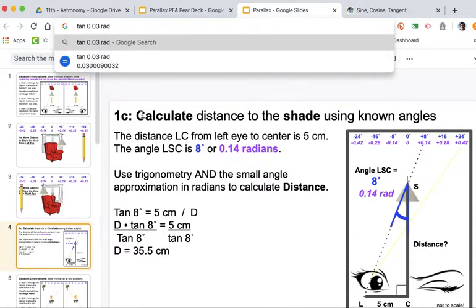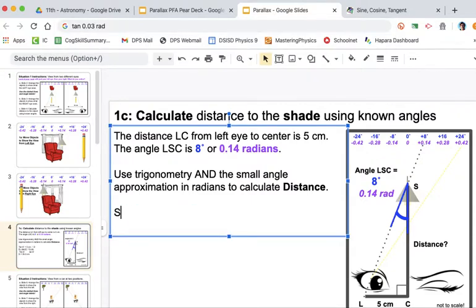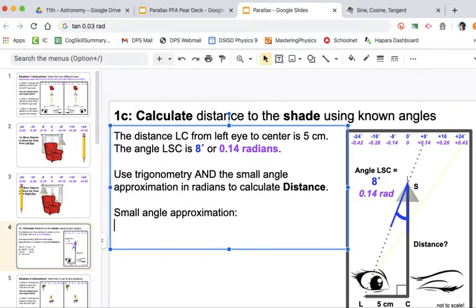So this is super convenient because I don't have to deal with tangents at all, actually. If I'm using the small angle approximation, I can just assume that the tangent of, say, in this case, 0.14 is equal to the angle itself.